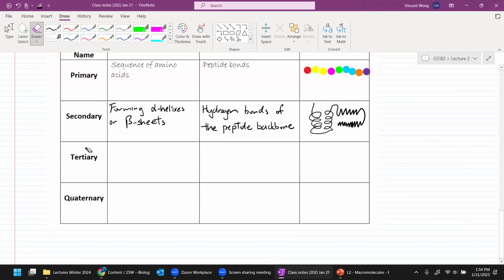Next level, tertiary. Tertiary structure is the overall 3D shape of the protein, and it is stabilized by interactions of side chains.